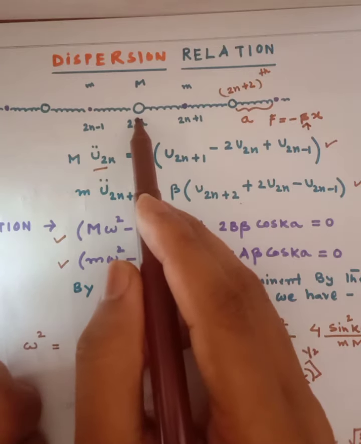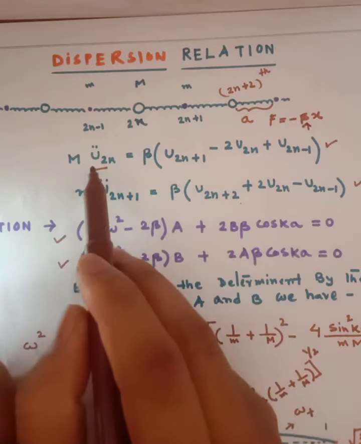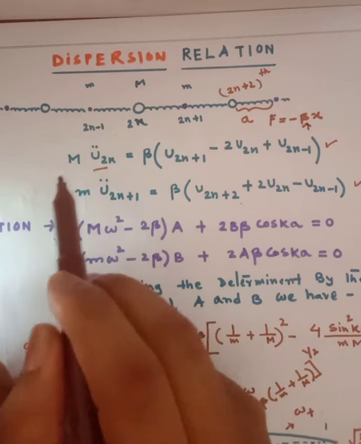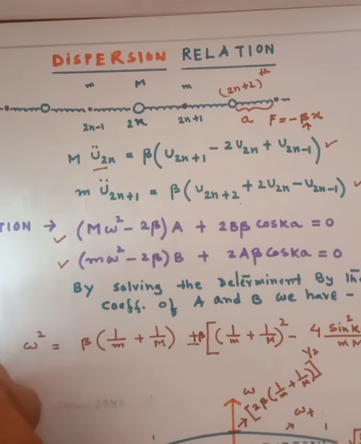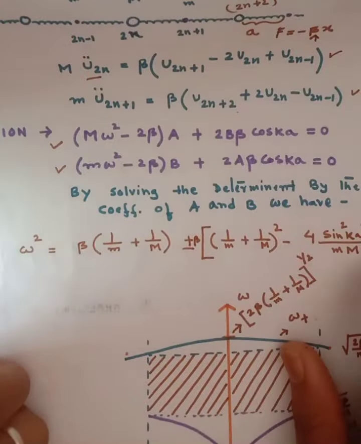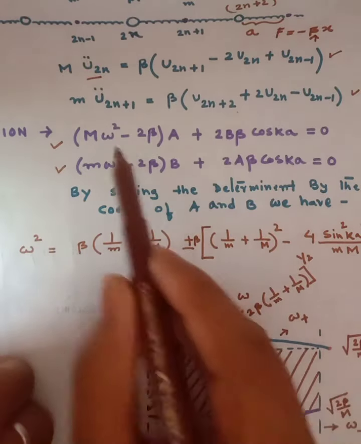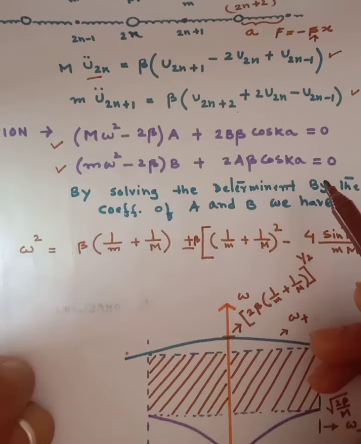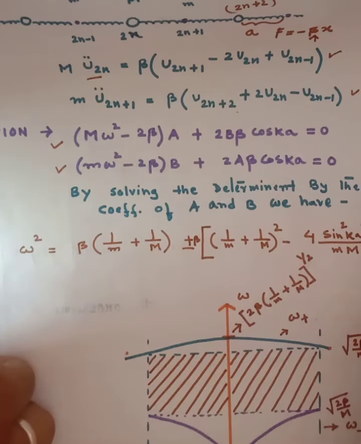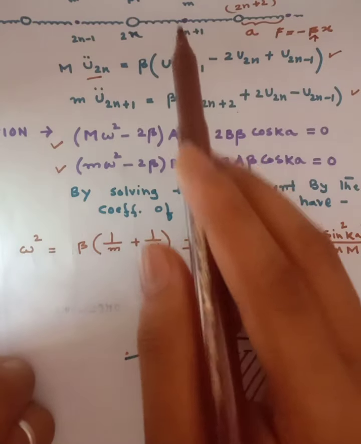The force on the Mth particle is given by M u double dot 2n. Here u 2n is the displacement of the 2nth atom from its equilibrium position, and u 2n plus 1 is the displacement of the smaller mass. Now if we solve these two differential equations, this is the solution. Here A and B are the amplitudes of the bigger mass M and the smaller mass small m.